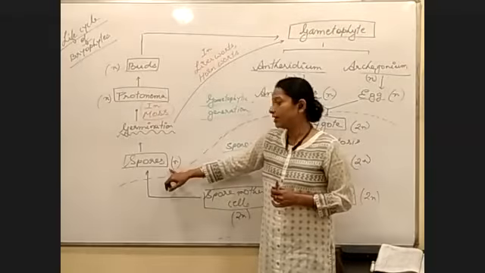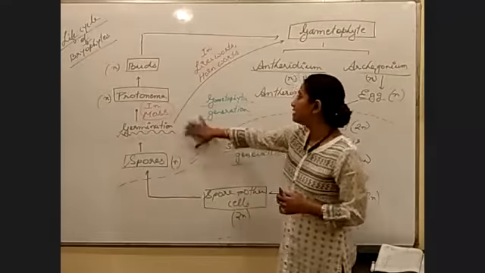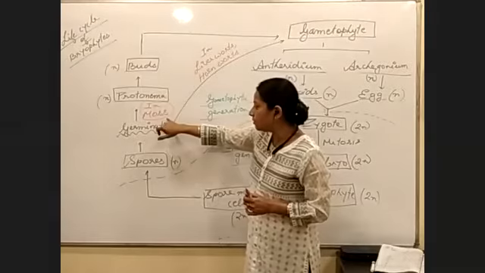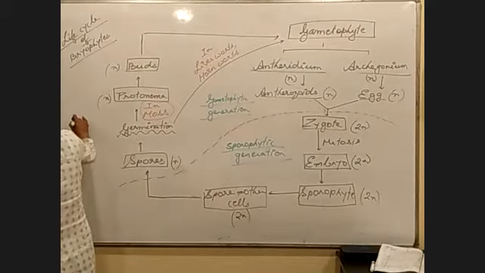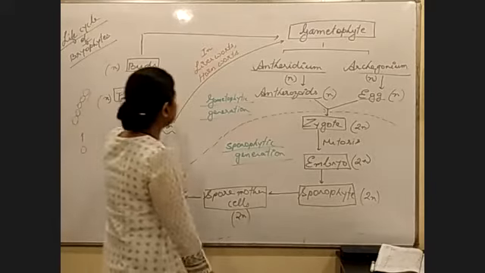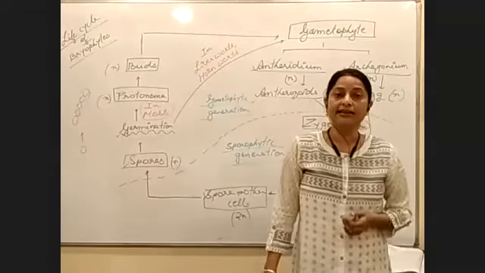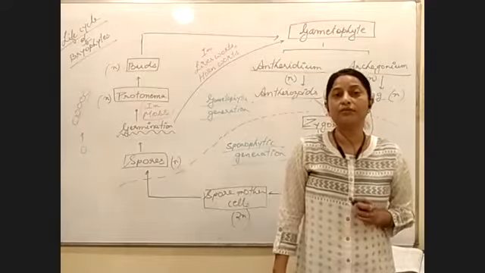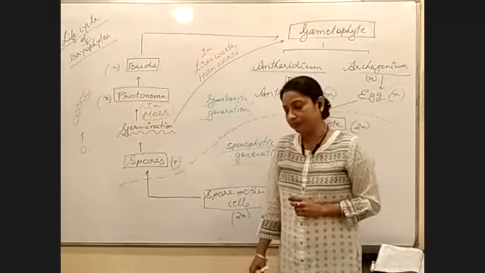Second, it is haploid, which we have understood. Next, the spore germinates, and in mosses it forms a filament-like structure, and this is what is called protonema. So what is protonema? A multicellular filament-like structure that develops from the spore on the soil is called protonema. Protonema is a structure that is seen only in case of mosses. Is the point clear? Yes, ma'am.